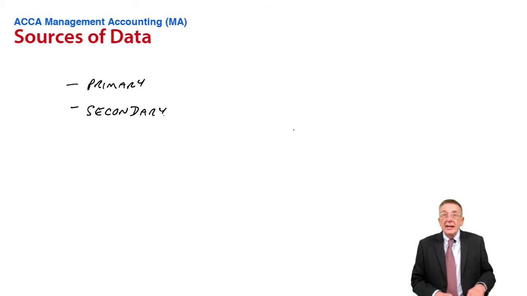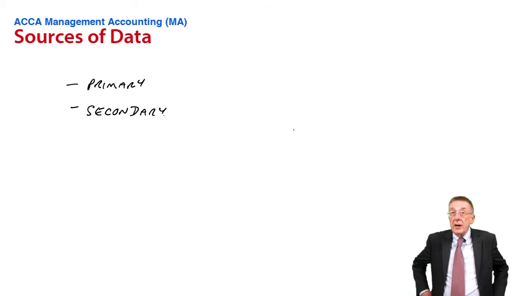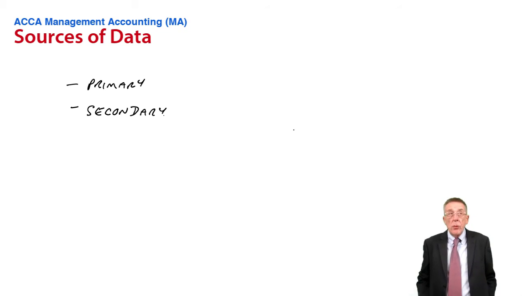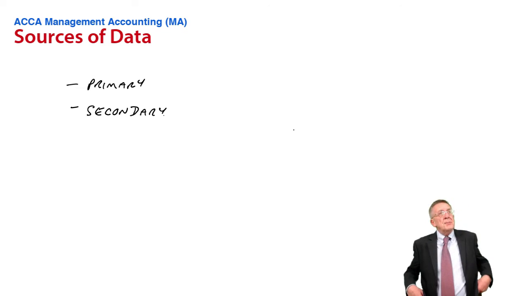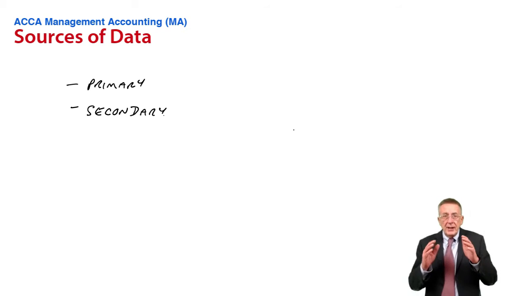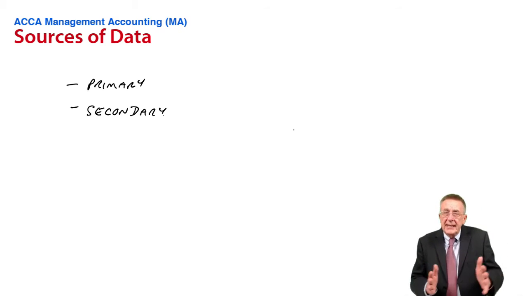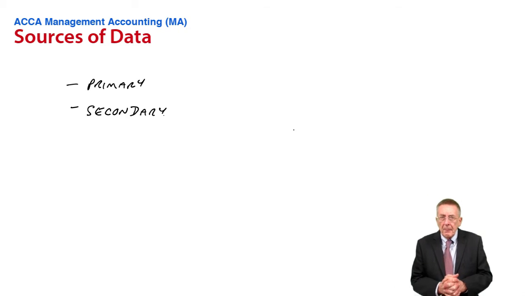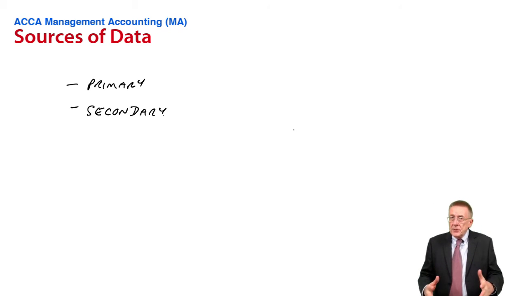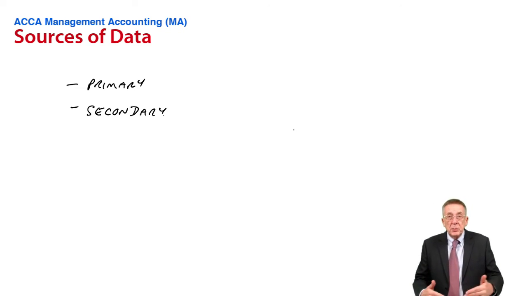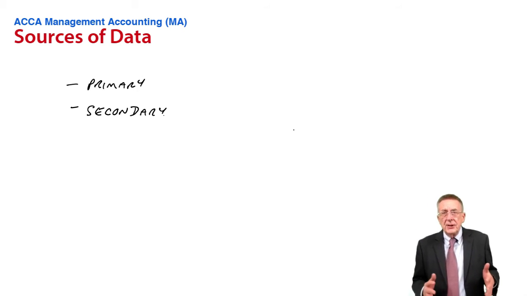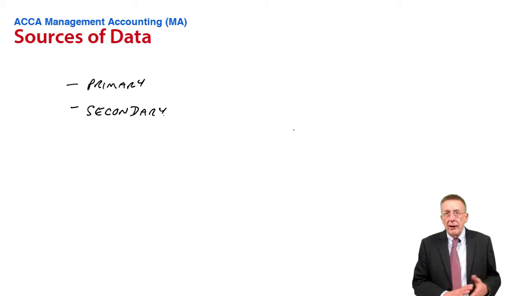Secondary data, though, is data, as it says, collected for some other purpose, but which we then use for our purposes. So, for instance, maybe we're producing a product that's aimed at a specific age group. Perhaps it's aimed at teenagers. And so it might be useful for management, especially if there's a new product, to know what percent of the population are teenagers in a particular area.